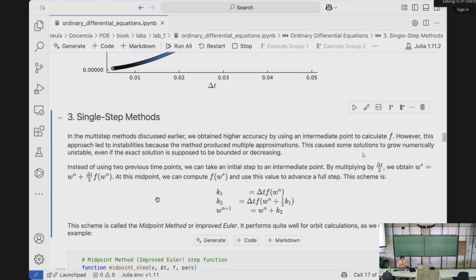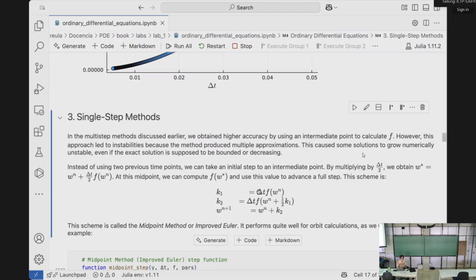The third idea that we are going to explore, and this will actually get us somewhere better, is to do a single step method, right? So what we are trying to do in this case is say, okay, let's assume that I do some small Euler step, right?